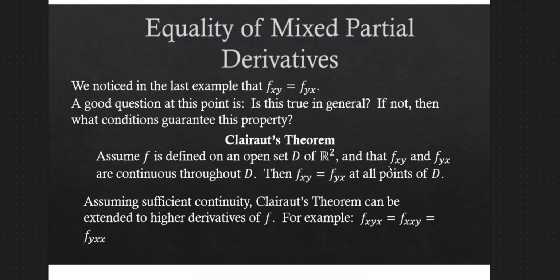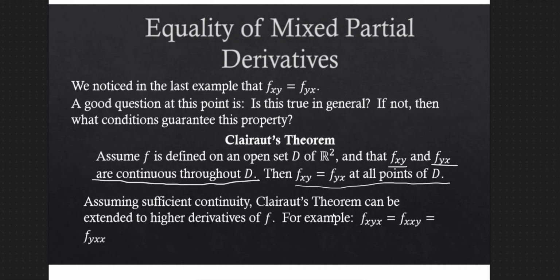If fxy and fyx, the mixed partials, are continuous throughout D, then they will be equal at all points of D. So if we can somehow figure out, say before differentiating, by looking at and analyzing the functions, that these are going to be continuous, then we can be guaranteed that these are going to be equal to each other at all points in the domain.